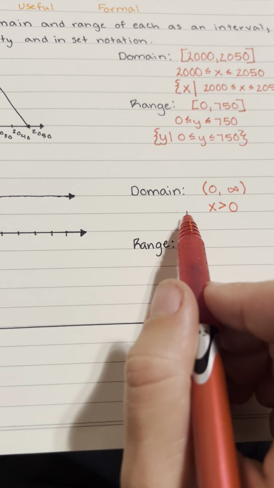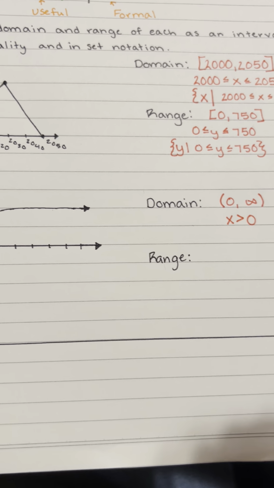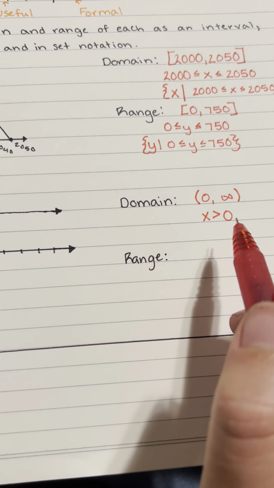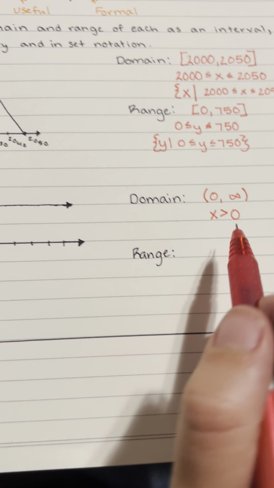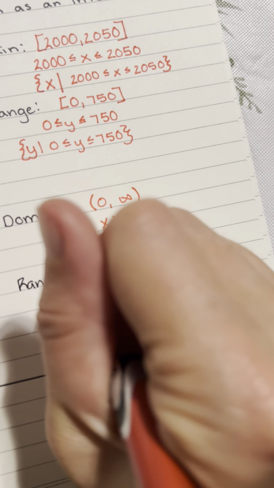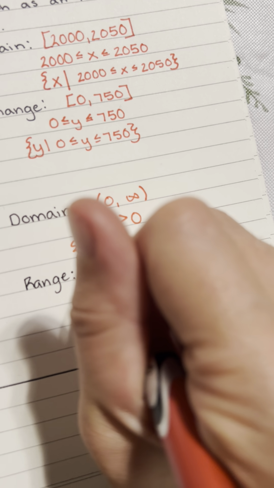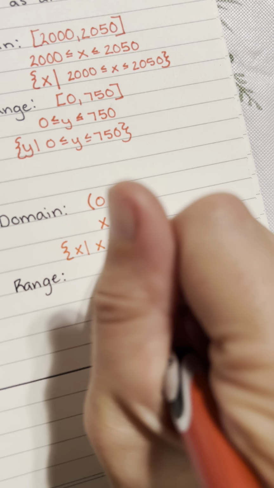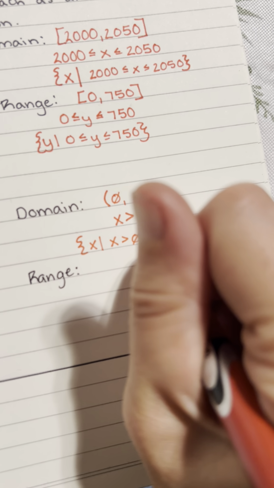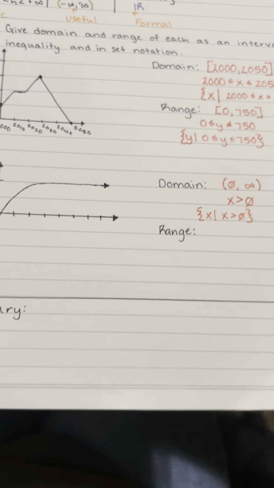I could write x is between 0 and infinity, but writing x is bigger than 0 is just going to save me some handwriting right now. All right. And then finally, to write it in set notation, the fancy squiggly, x such that x is bigger than 0. And actually, it's going to bother me that these don't have lines through them. All right, so that's my domain.